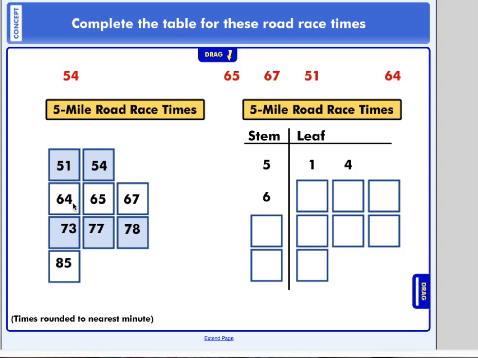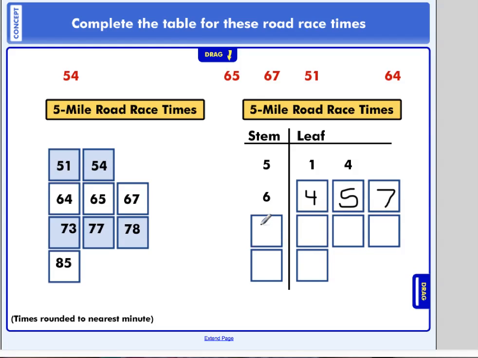So for our 60s, we've got 64, 65, 67, and we need to represent that. Here, I'll get a pen. 64, 65, 67.